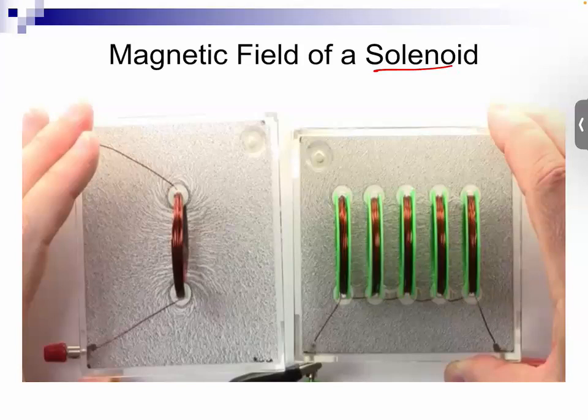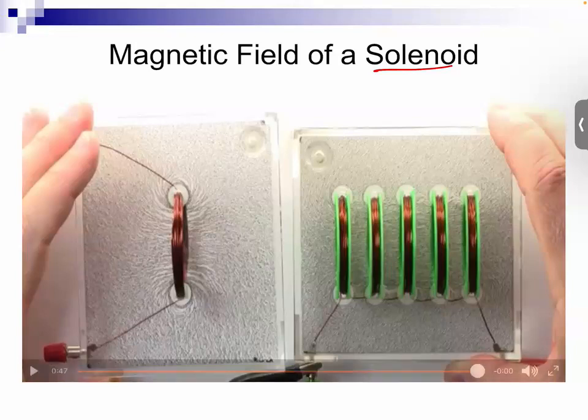It's probably not so clear. Did that help? It's not so obvious, but the iron filings sort of align themselves right inside the solenoid, in the middle.